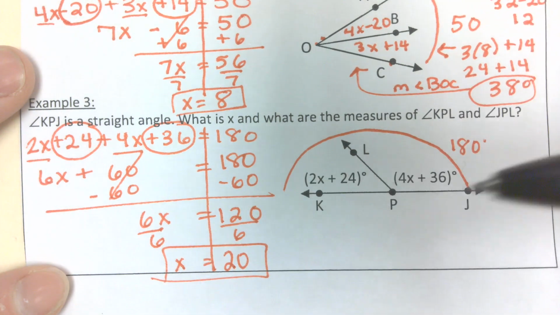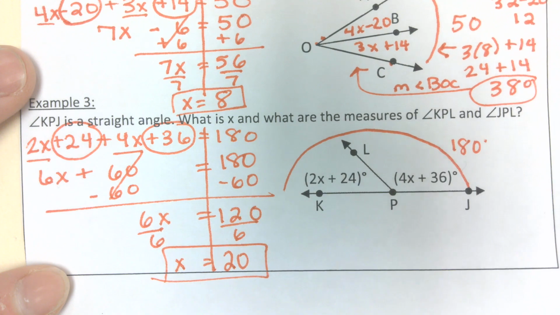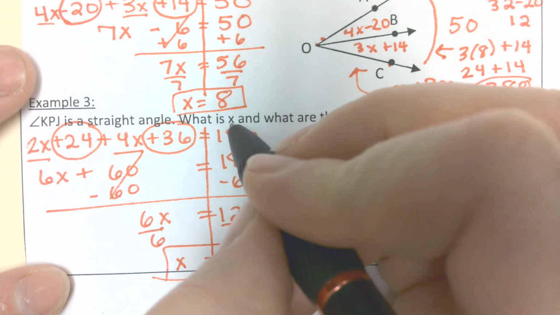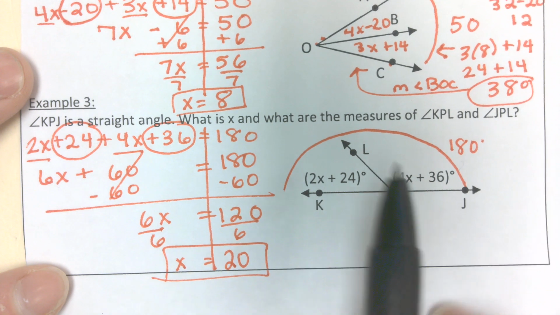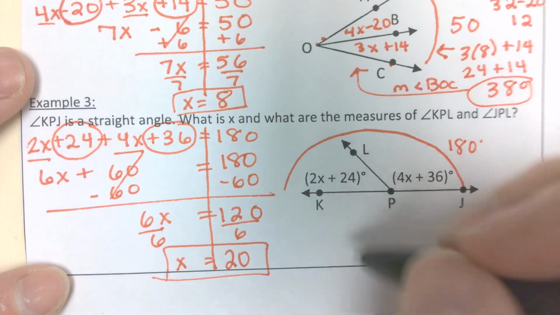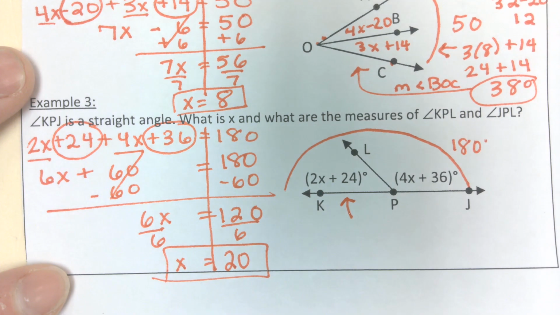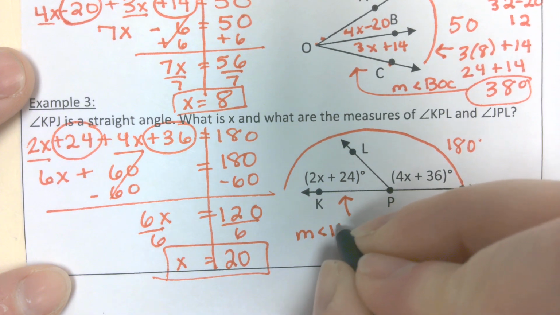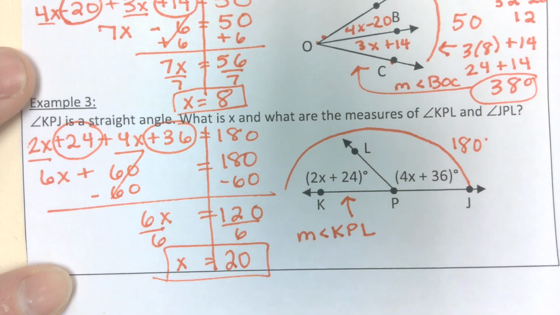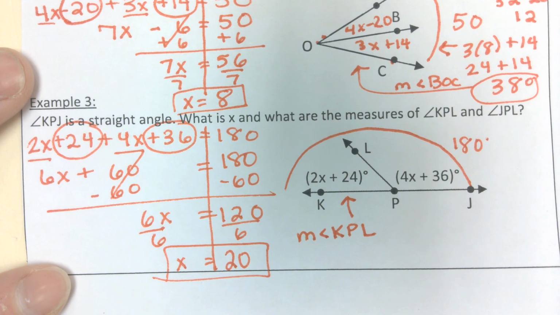Okay, so let's check and see what we need to do now. Okay, it says find x, so we're good there. We got part of it done. Then it says, what are the measures of the angles? So we need to find the measure of this angle. The measure of angle, what is it? KPL. How do we find that measure? What do we got to do?